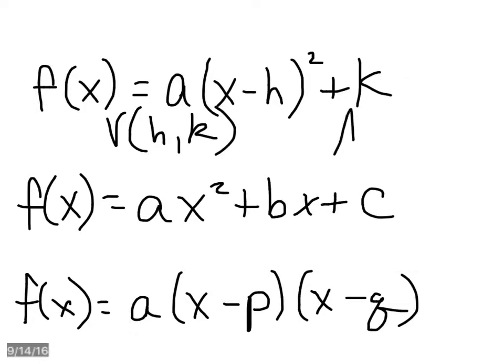What's the axis of symmetry? H in the first one. What's the A tell you? Let me ask you this question. What's the A going to tell you for every one of those forms?